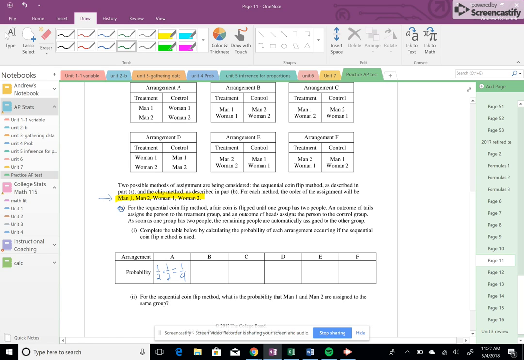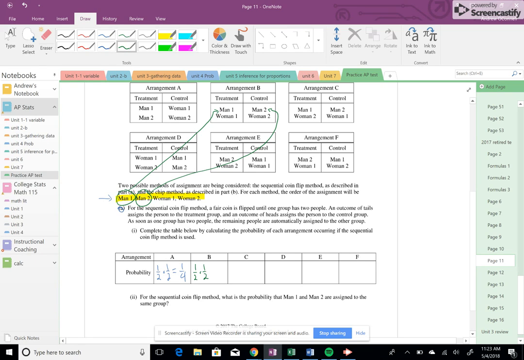Arrangement B, starting with man 1, what is the probability man 1 is put in the treatment group? It's just a coin flip, 1/2. Now, what's the probability that man 2 is assigned to the control group? Also 1/2.